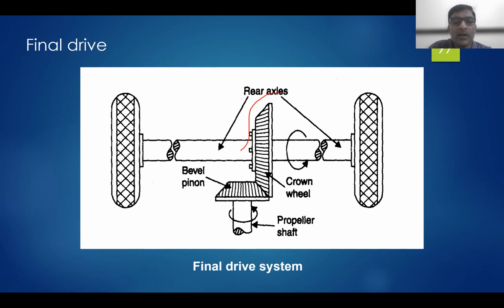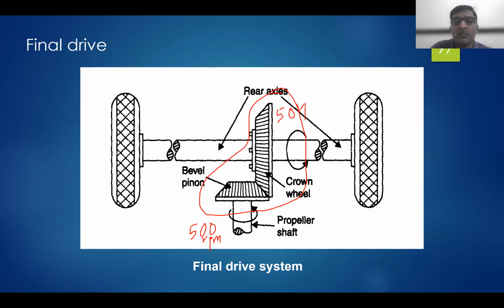So why is it called a final drive? Because it is the final stage in the transmission system. Thereafter, there is no reduction in the speed. For example, if we consider the speed of the propeller shaft as 500 RPM, with this combination we can get speed down to 50 RPM.